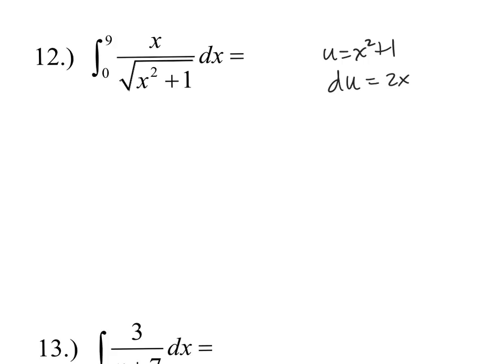All right, so when we think about replacements, we can substitute u in for x squared plus 1. Okay, so we need to replace all of this with u, and then the x dx can be replaced by du, except for the fact that du is 2 times too big.